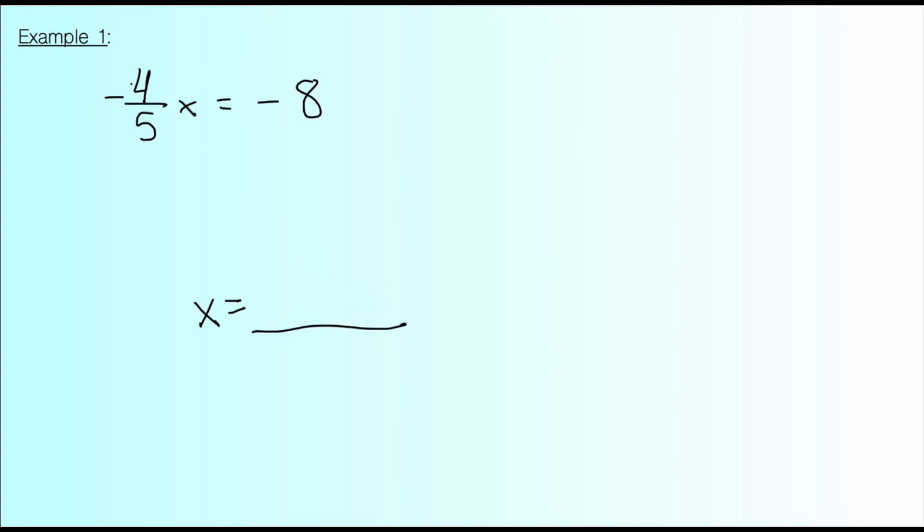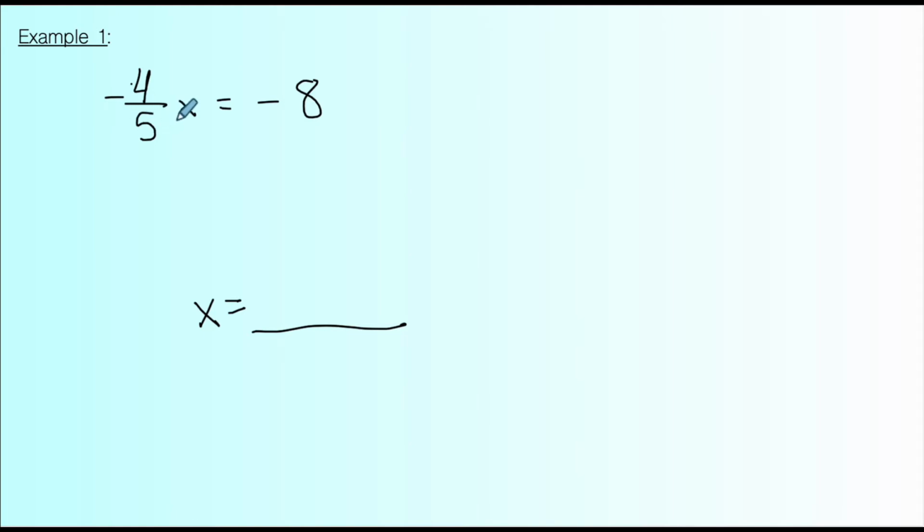So how do we get rid of things that are with a variable? We use inverse operations because inverse operations undo each other. Just like tying a shoe and untying a shoe are inverses of one another, every operation has an inverse. In this case, negative 4/5 is being multiplied by x.